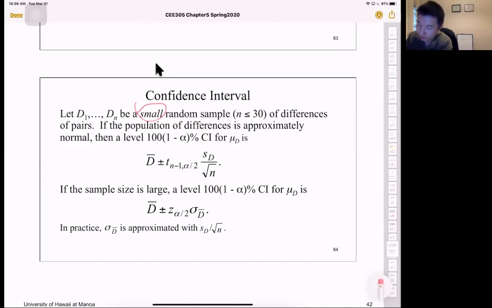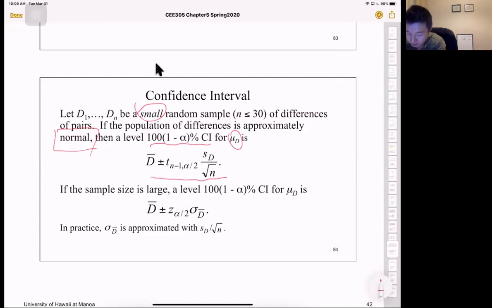Another requirement is that the population of differences is normal, so it follows a normal distribution. Then we can calculate the confidence interval for the mean value of the difference using this equation.